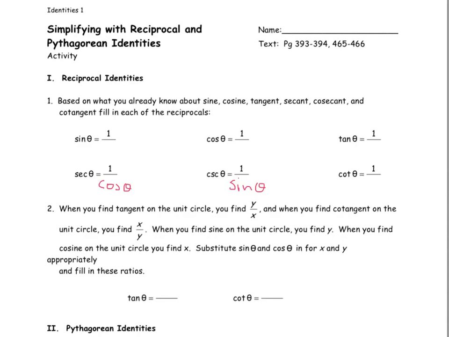Cotangent is going to be 1 over tangent of theta. And tangent of theta is going to be 1 over cotangent of theta. And then cosine is going to be 1 over secant of theta. And sine is going to be 1 over cosecant of theta. Alright, so we know all of those different relationships.